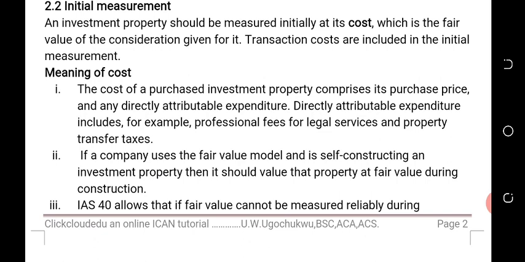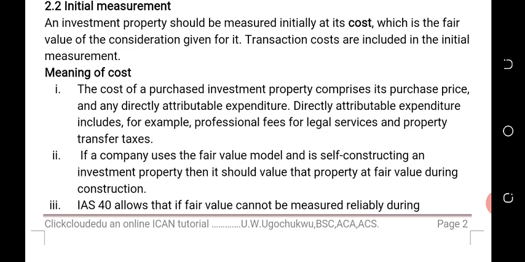We say, initial measurement, meaning of cost. One, the cost of a purchased investment property comprises its purchase price and any directly attributable expenditure. Directly attributable expenditure includes, for example, professional fees for legal services and property transfer taxes.